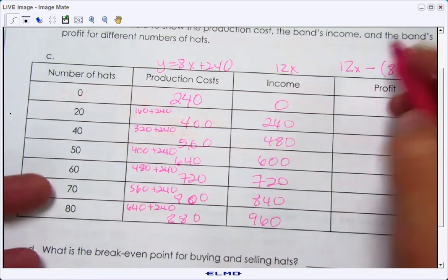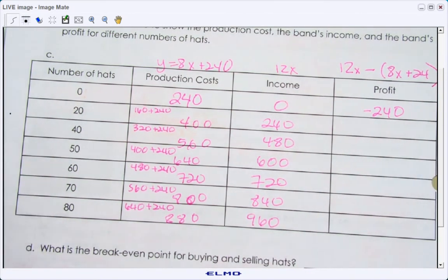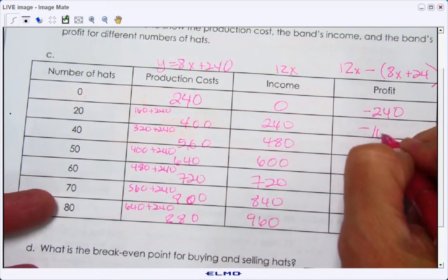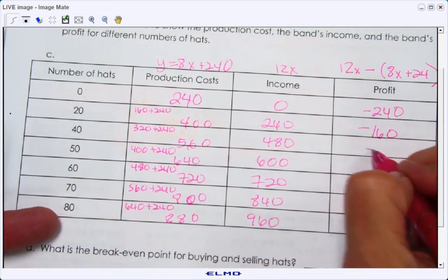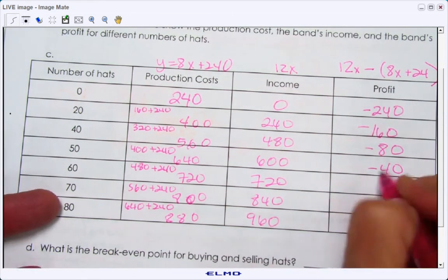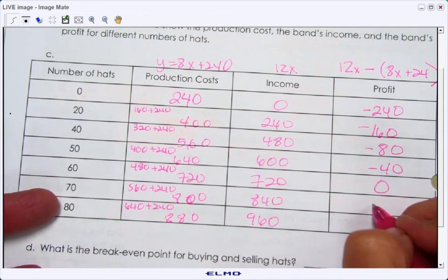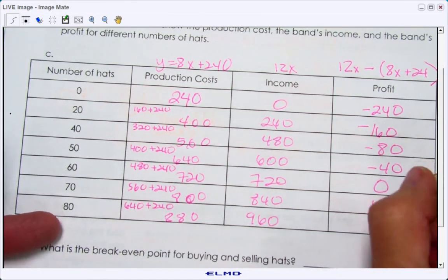So if I took these and I subtracted this, this would get negative 240. 240 minus 400 would get me negative 160. 480 minus 560 would get negative 80. 600 minus 640. Ooh, look at this, 0. And then 960 minus 880 would get us 80.